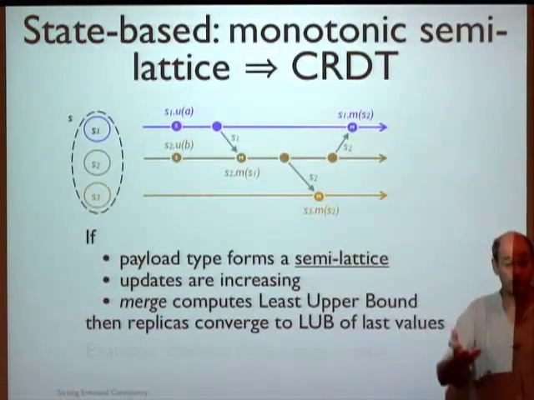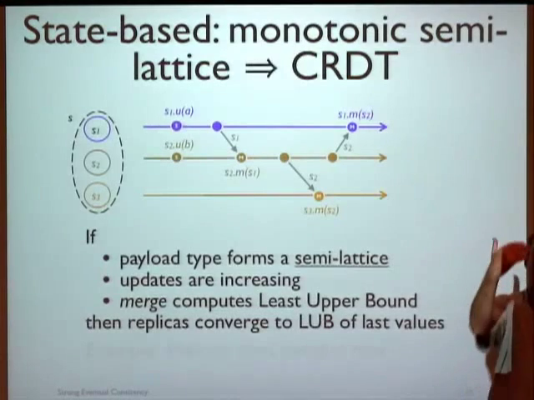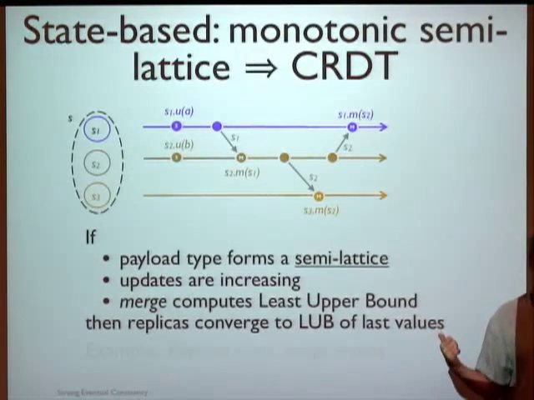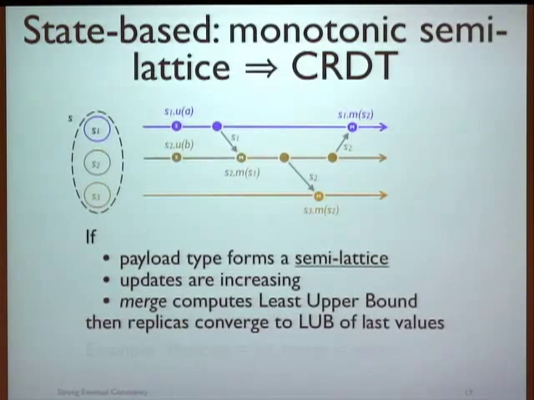You have to define your partial order so that even decrements go forward. And I'll show you an example in a minute. Last writer wins is an example of this. Last writer wins just takes the max of your timestamp and takes the value that's associated with it. Yeah, definitely. Okay, so this is the state-based approach. There's a sufficient condition for getting strong eventual consistency, and it's this pretty simple condition.